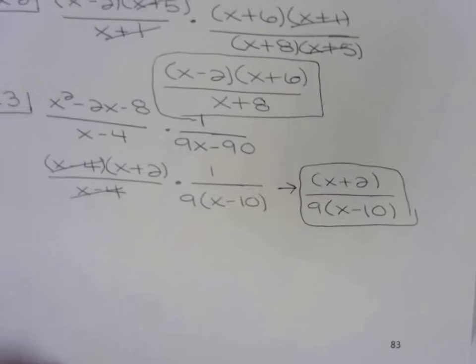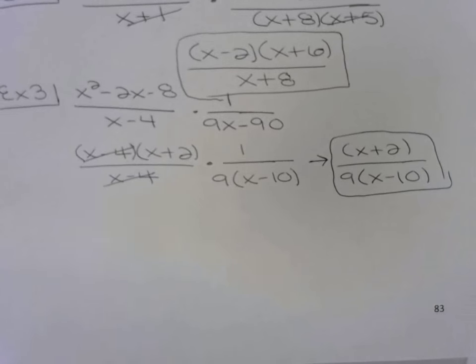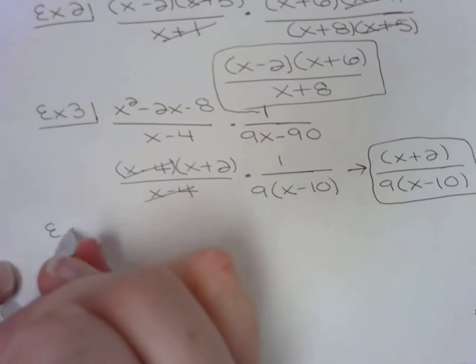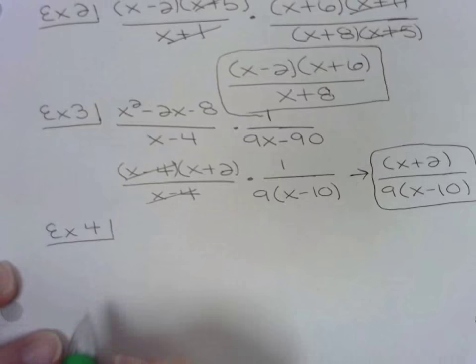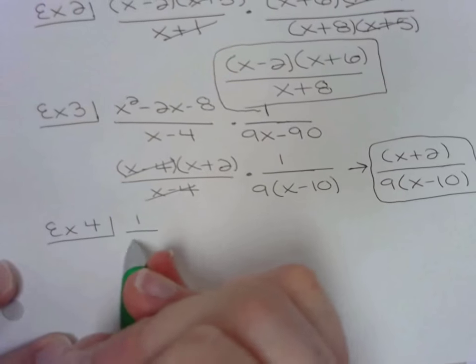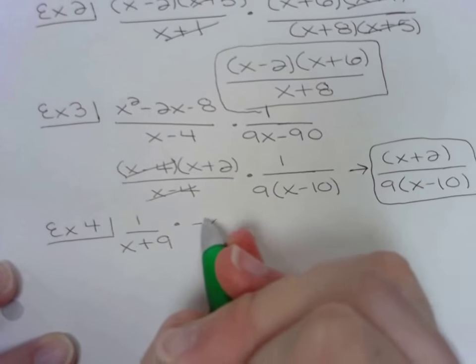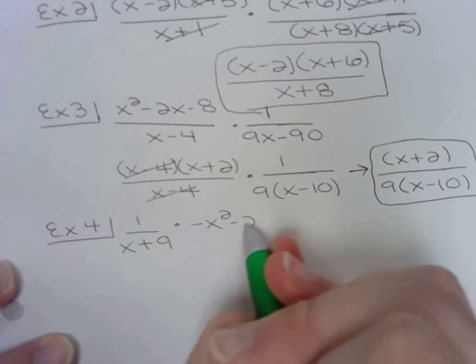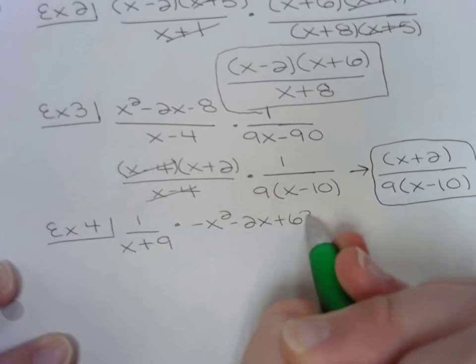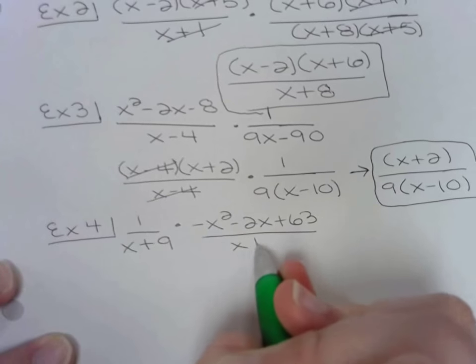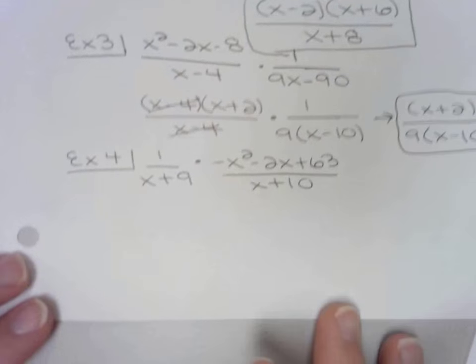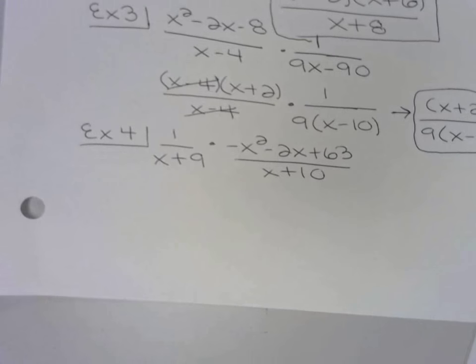Let's look at one like this: 1 over x plus 9 times negative x squared minus 2x plus 63 over x plus 10.